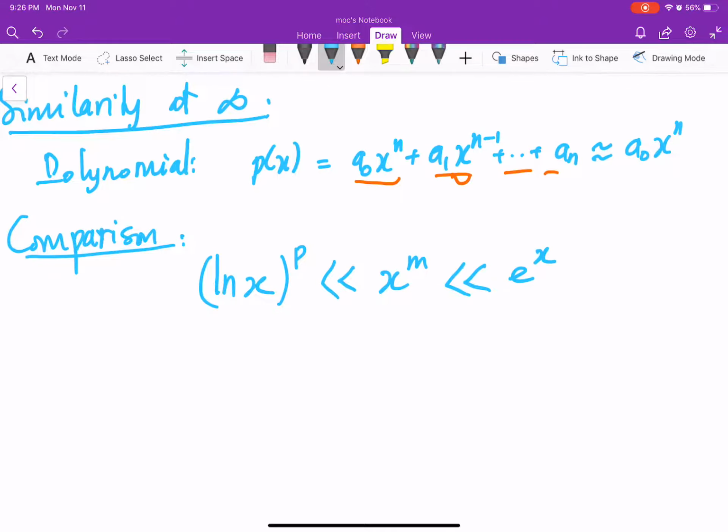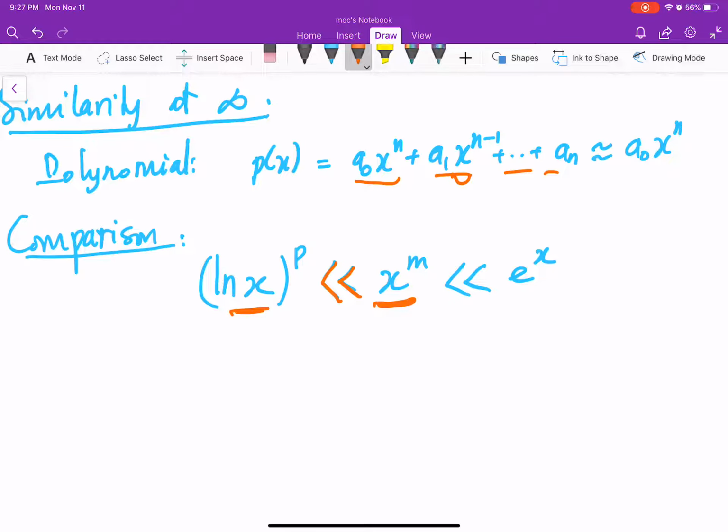So what does it mean? That means the logarithmic function approaches infinity slower than x to the m. I write this form to mean that x to the m at infinity is very big if you compare it with ln of x to any power p.